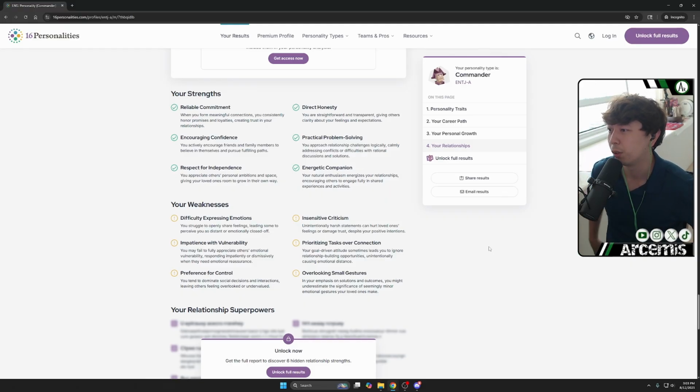Preference for control. You tend to dominate social decisions and interactions, leaving others feeling overlooked or undervalued. I'm not sure about that one. I'm the type that just kind of gives in. If my partner tells me, oh, this doesn't make me feel good, whether that is a good thing or a bad thing, an effective thing or an ineffective thing, the fact that this person doesn't feel good about it equals ineffective to me.